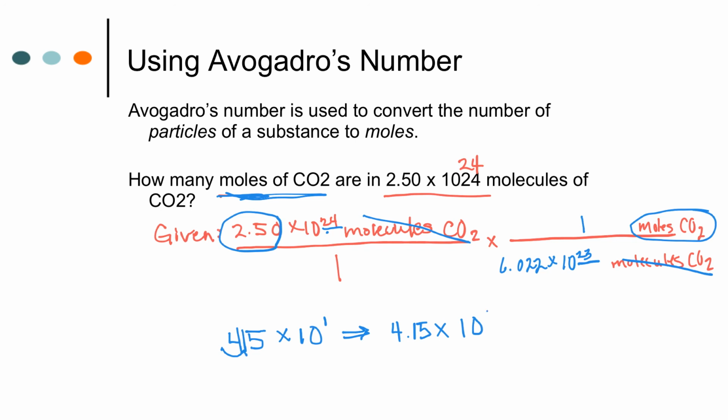Right, so this is basically 10 to the 0. And 10 to the 0 just means that it's just 4.15. And we always need to put our units on our answer. This is the units we're looking for. This is the amount of moles of CO2. Okay?